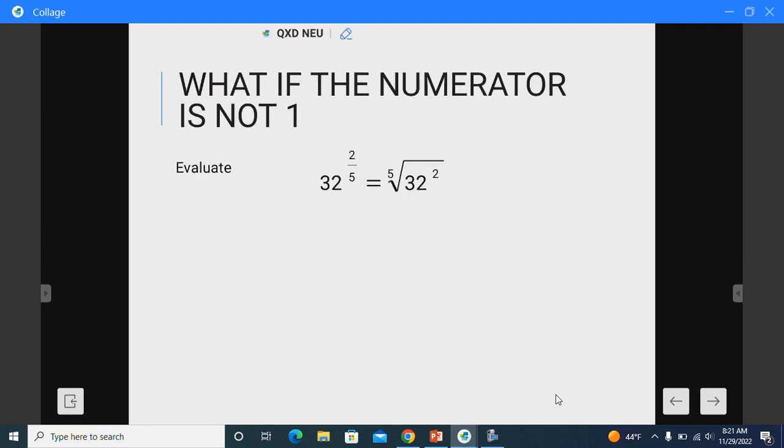So what if the numerator is not 1? Say, for example, 32 to the power of 2/5. The 2 is here, and the fifth root is here.